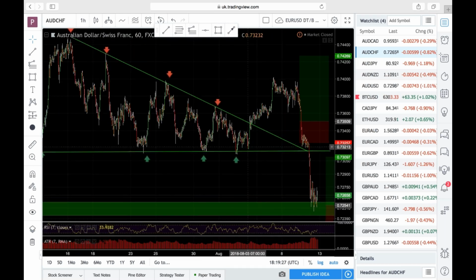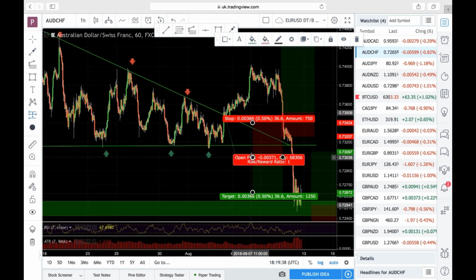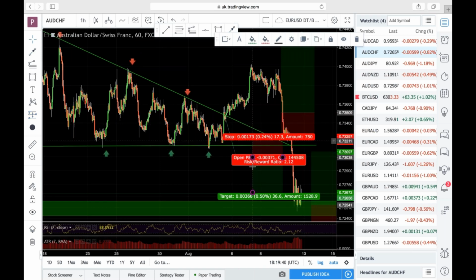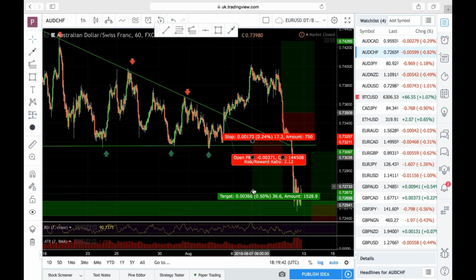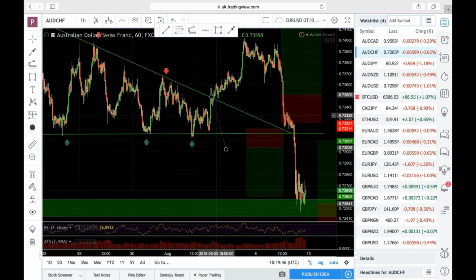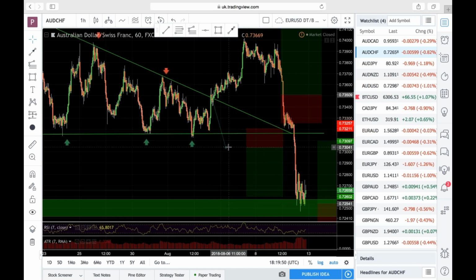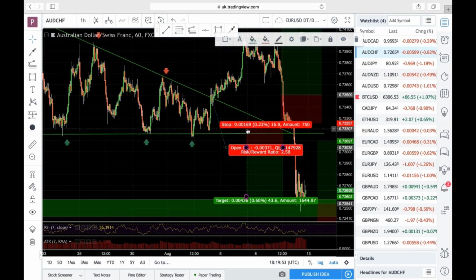If the bears had pushed down and we had a break, say for instance, we had a break this way, all I would do is take my trade and do something like this. And this would be what I would have done. If it had a breakout this way, I would enter here at the breakout. I would put my stops again, don't forget, stops above structure.